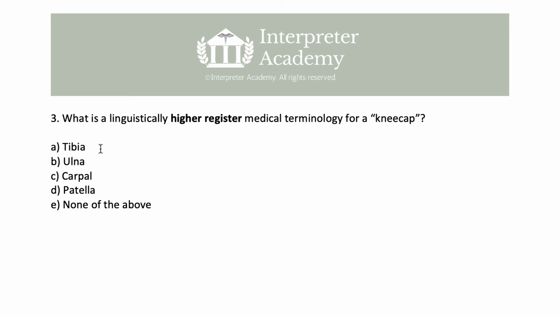And here we have options of tibia, ulna, carpal, patella, or none of the above. Well, can you tell which one of these is kneecap? And let me say this again. This is supposed to be a really, really easy question, and if you see this kind of question on the exam, you should be happy because there is no way you should be getting this wrong.